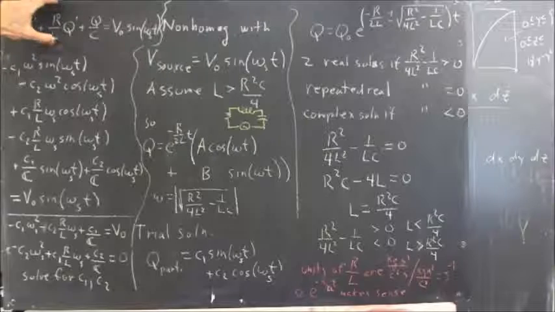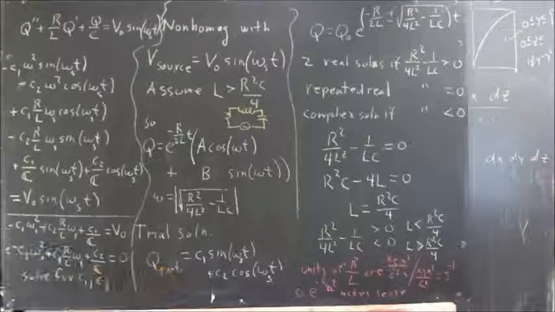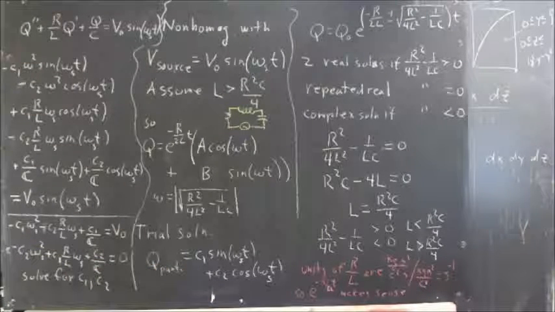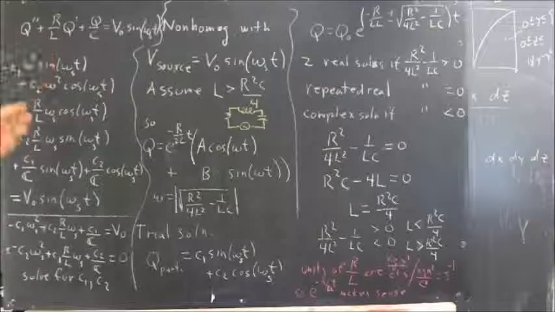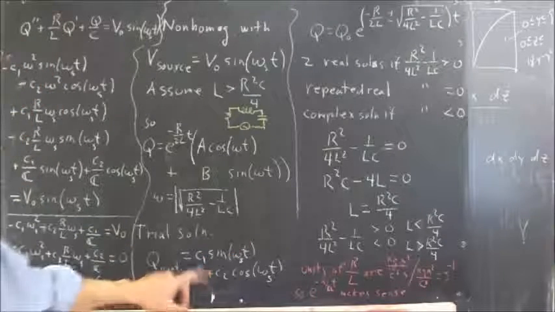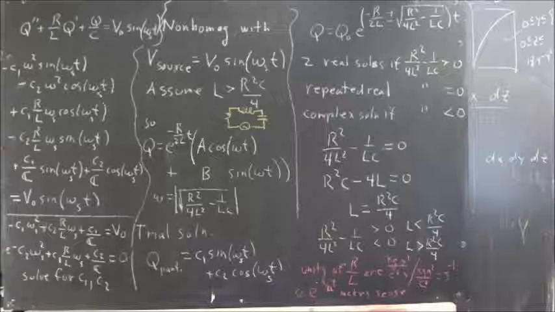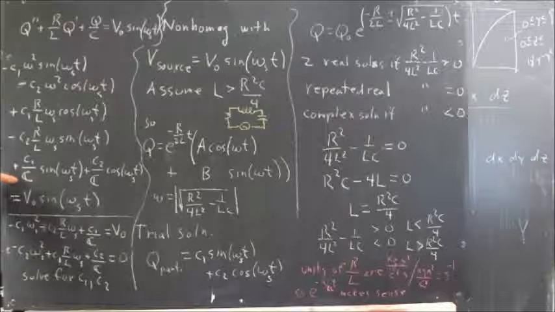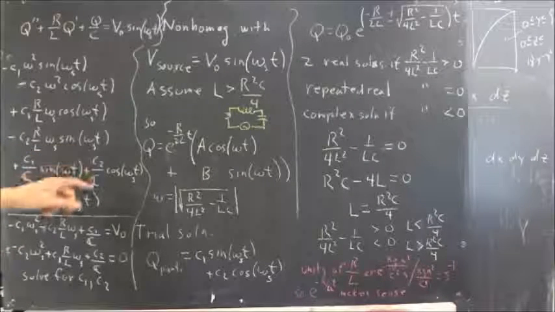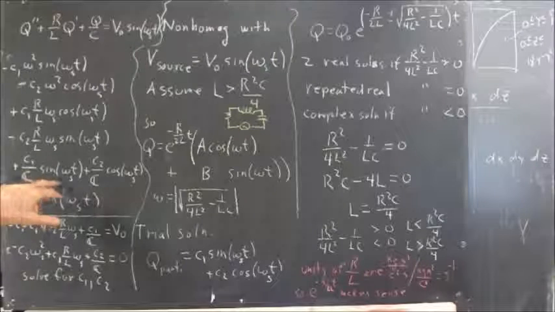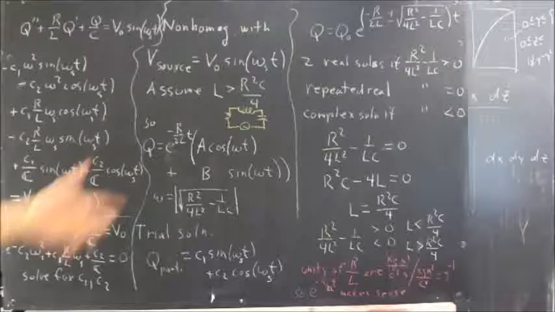Of course, we have the factor R over L multiplied by what we get from the derivative. And then we just have the Q over C. So it's just this divided by C, this divided by C. We get that by just doing C1 divided by C and C2 divided by C times, respectively, the sine and the cosine of omega s t.